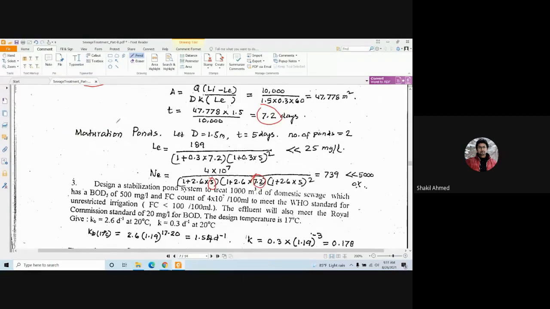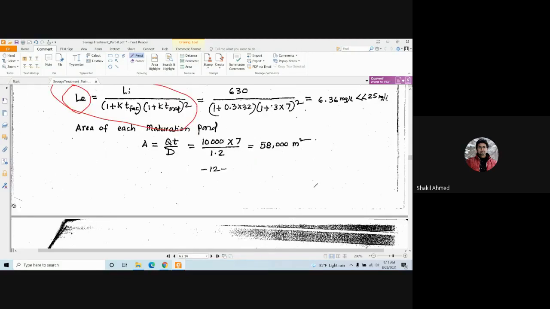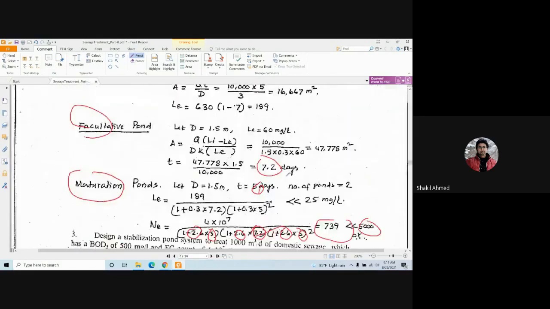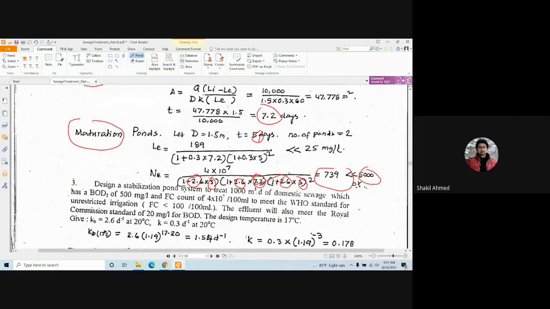What is the retention time in the maturation pond? 5 days. So you have written 5 here. And these are the values of KB, KB, and KB. That's it. Which is less than the standard value of 5,000. So it is good. Done.